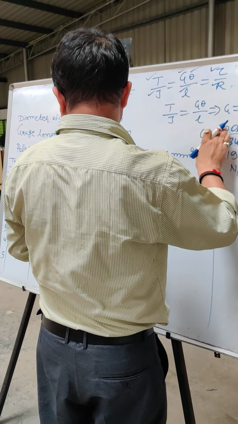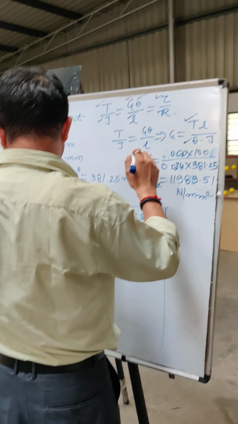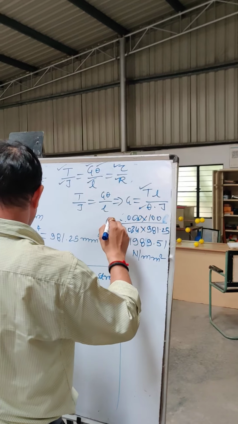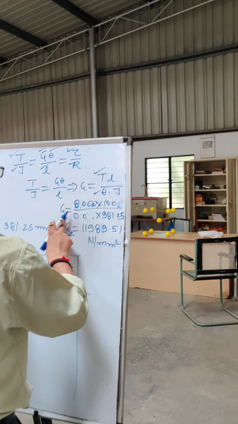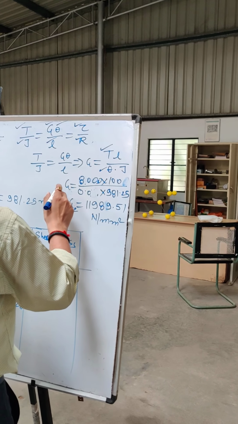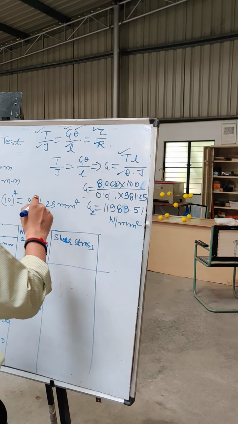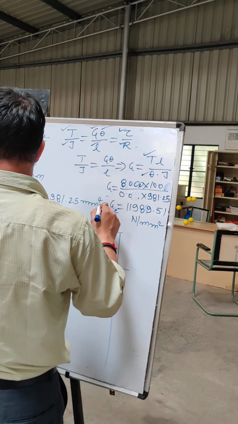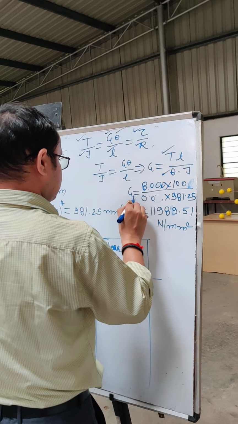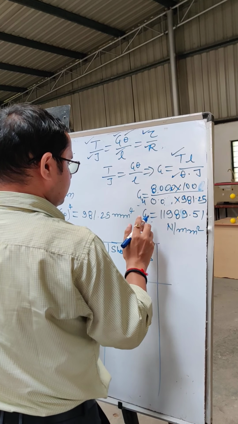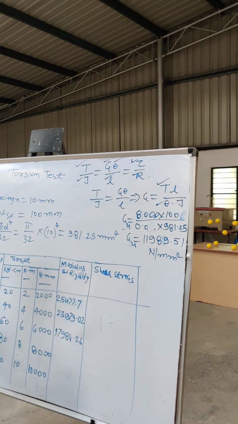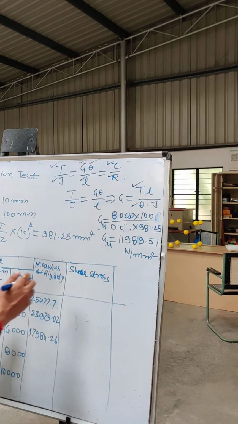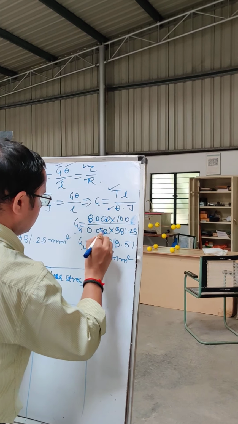This value is 8000, and we have to change this value also. So we will get the G4 value. The angle is 0.052, so we have to write 0.052.